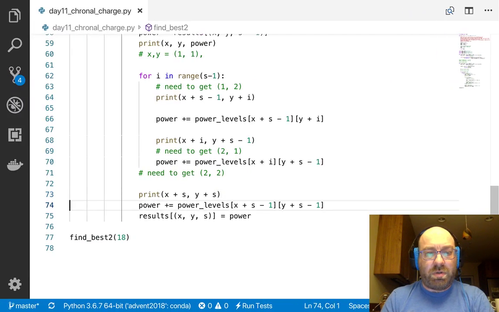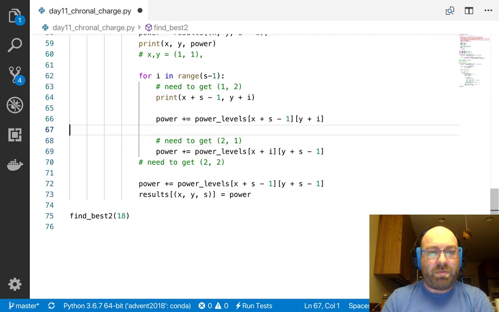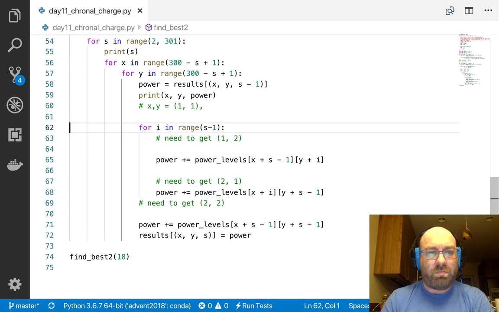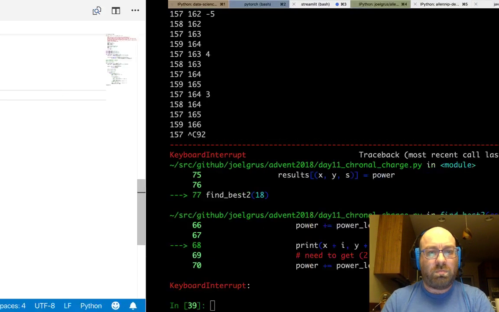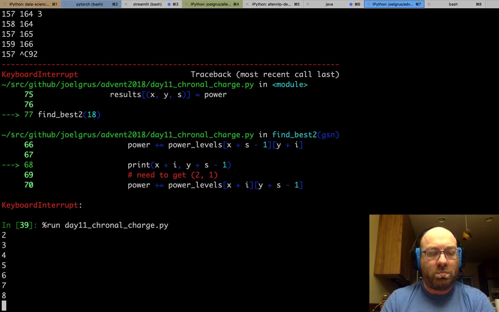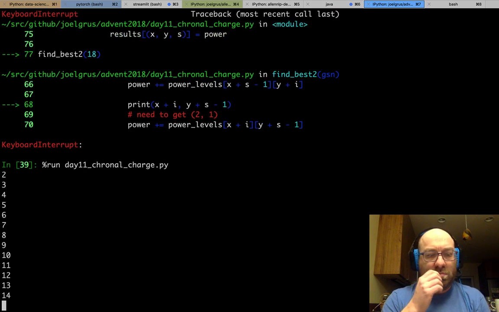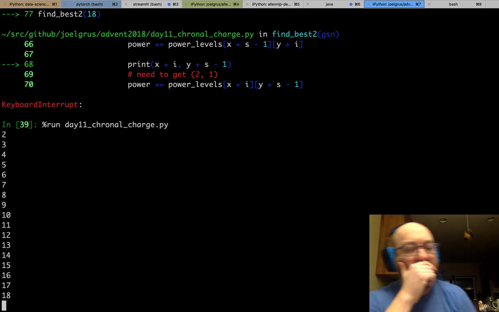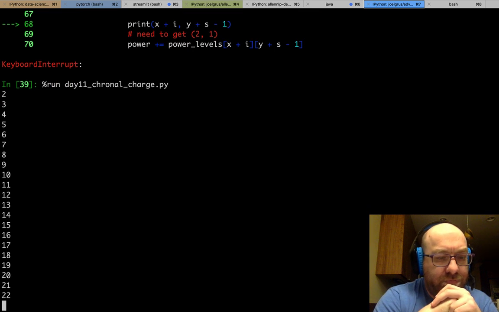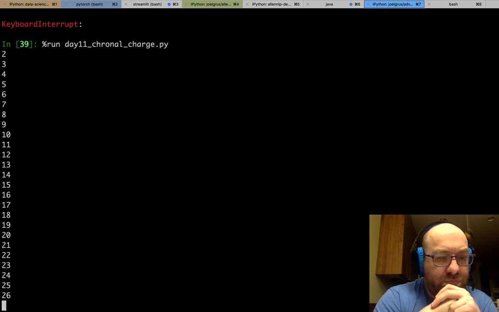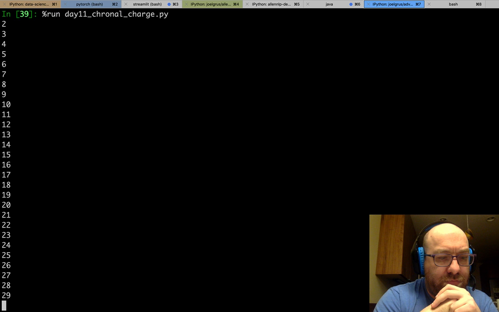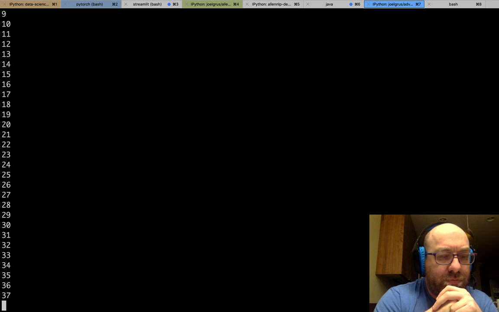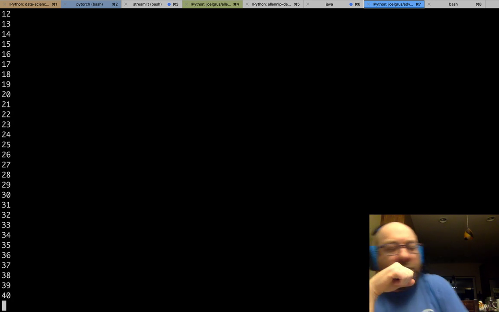And so let's get rid of these print statements. And this is also really slowing down, because each time it's, so that can't be the right way to do it either.